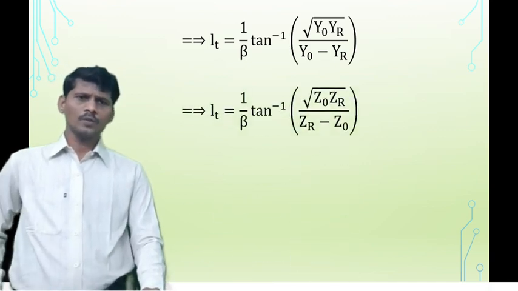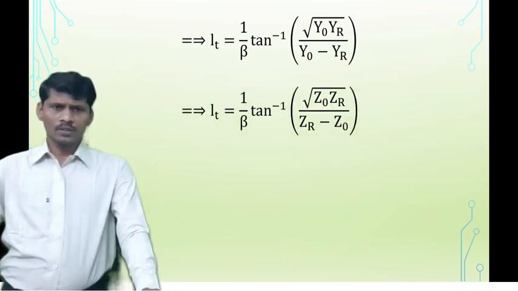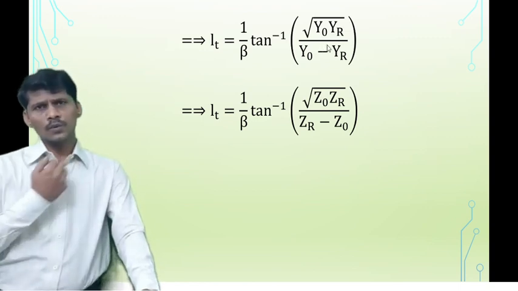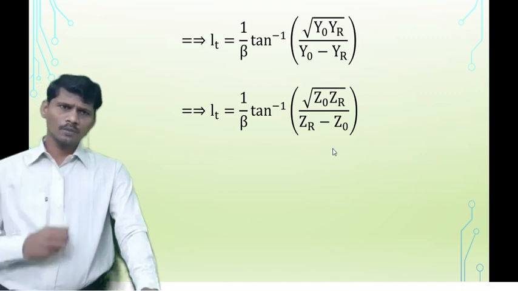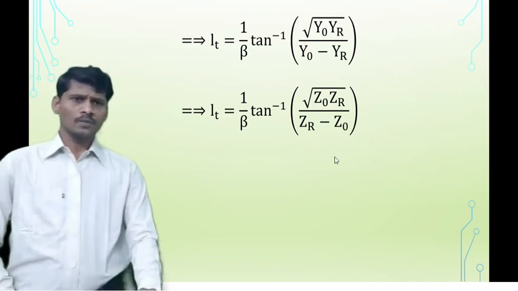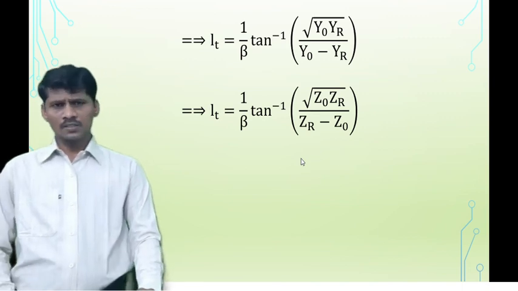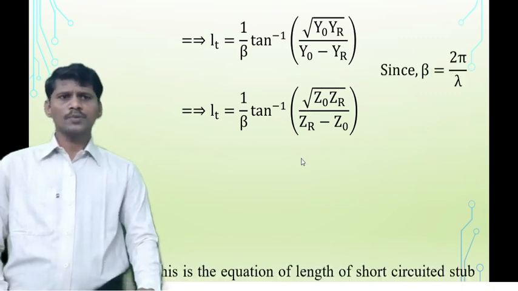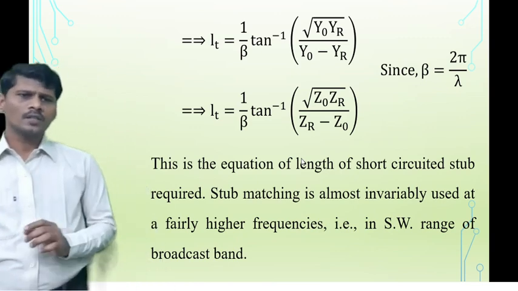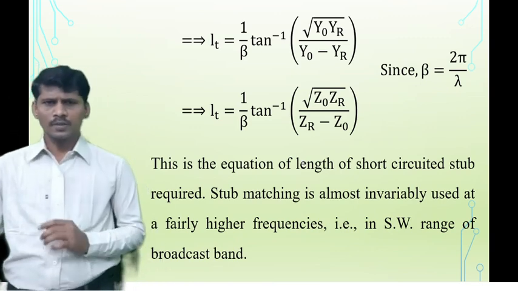This is the equation of the length of the short circuited stub in terms of admittance. Similarly, in terms of impedance, Lt is equal to 1 by beta tan inverse of square root of z0 zr by zr minus z0, where beta is the phase shift constant, that is 2 pi by lambda. This is the equation of the length of the short circuited stub required.